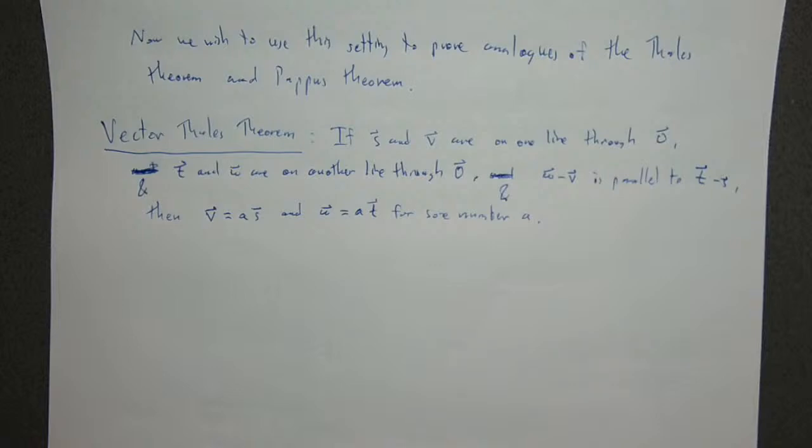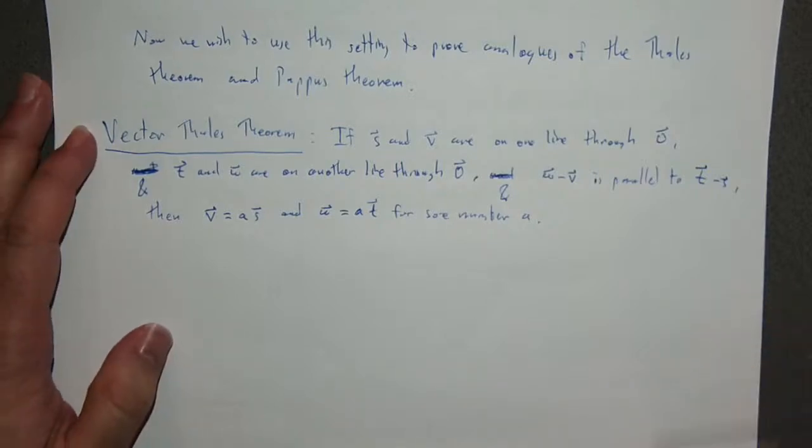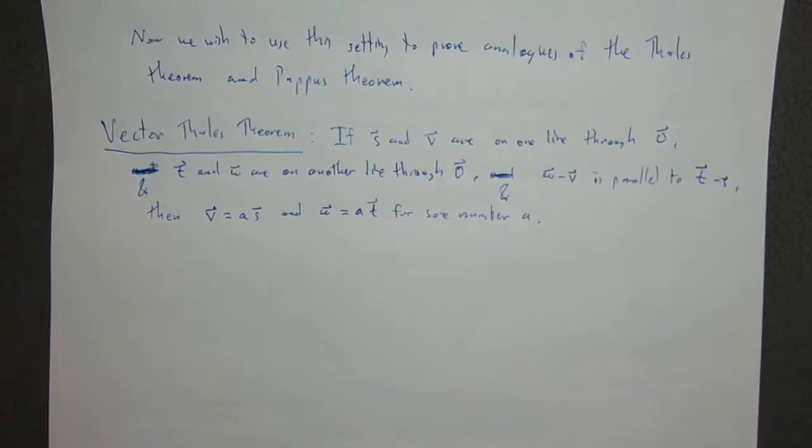So the first question you might have is, how is this the Thales theorem that we saw previously in Chapter 2? That's actually going to be the subject of a homework question that I'm going to assign in your next homework set. If you have questions about that, you can ask me in office hours.